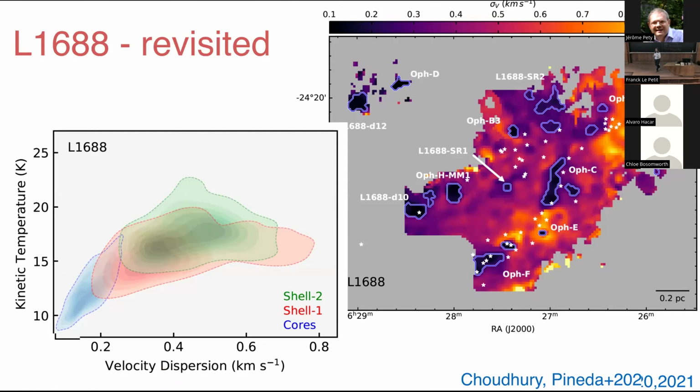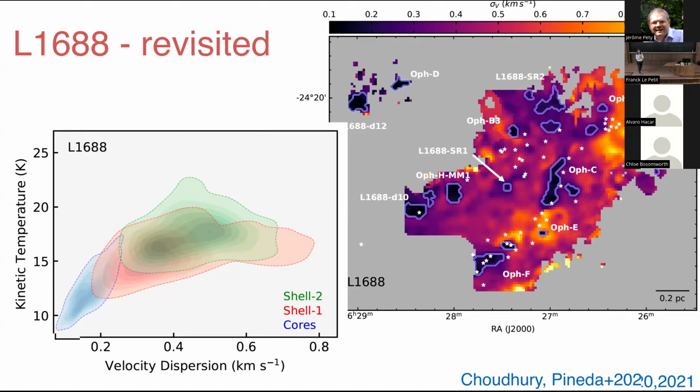So if we just go back to one of these regions where we saw this kind of halo of faint emission, we had a student, Spandan Chaudhary, and we asked him to go at this region and try to extract a bit more information than what we did in the original data release.